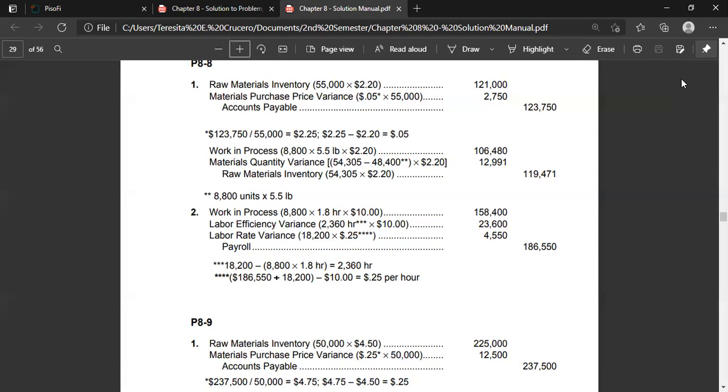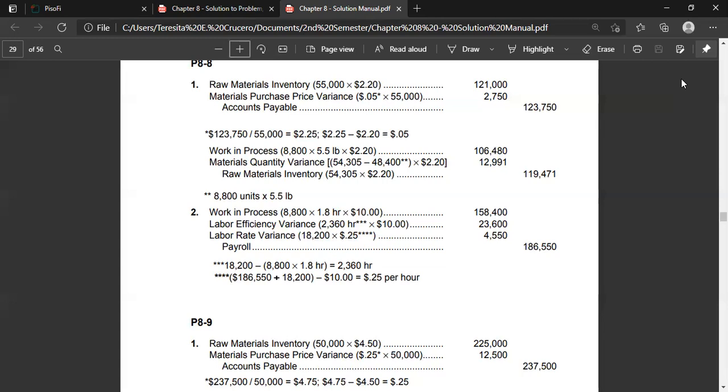$25 per hour. Taken by first we have 186,550 divided by 18,200 hours, so we get $10 per hour. And we have the standard rate of $10 per hour, and we now get $25 per hour.